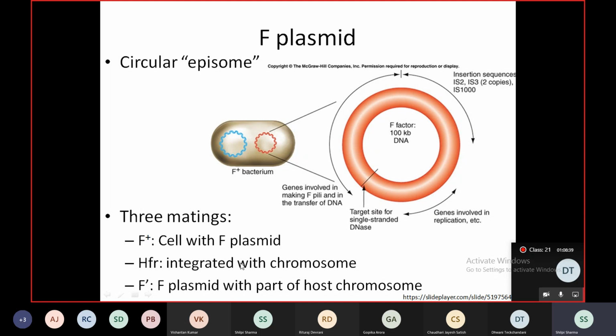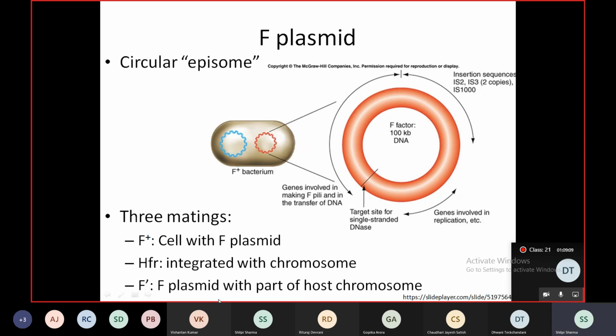Then there are two other possibilities. HFR is called high frequency of recombinants. HFR is when the plasmid is integrated into the host genome. In that case, there is a mating between the HFR bacterial cell and an F minus cell. HFR into F minus mate is the second kind of mating possible.